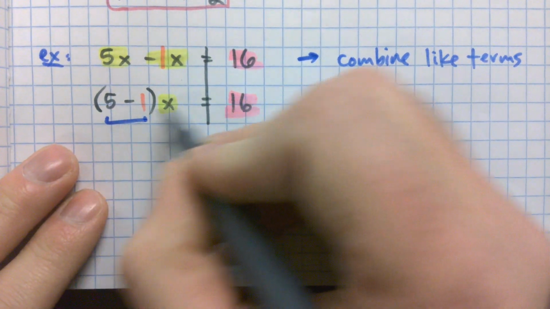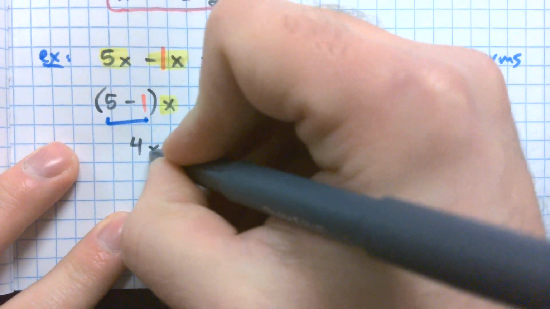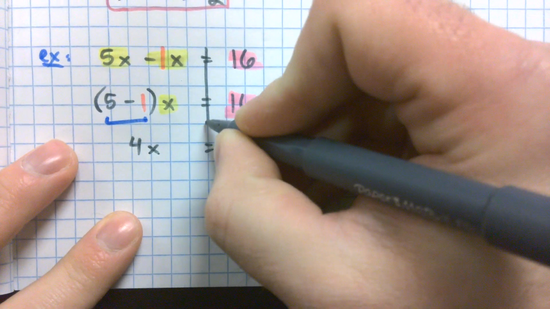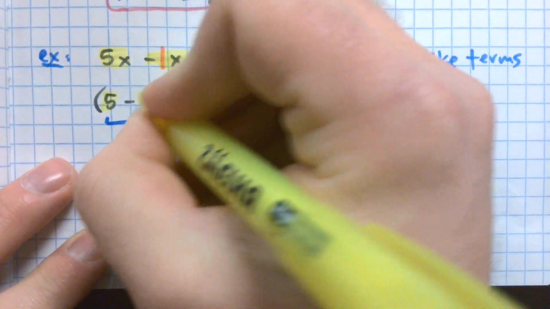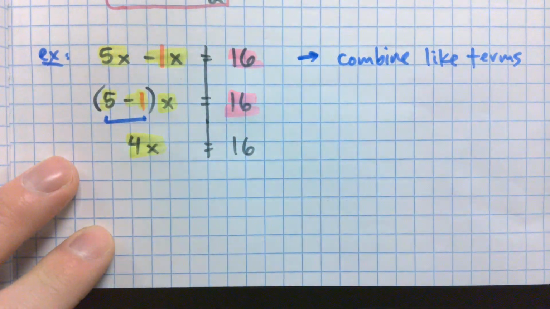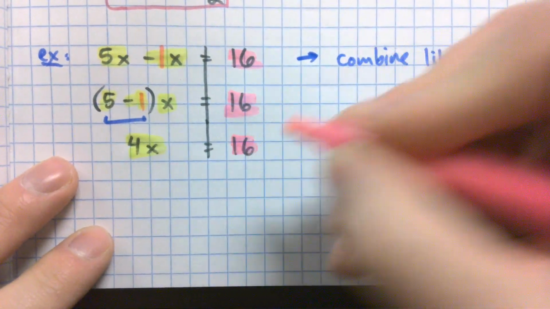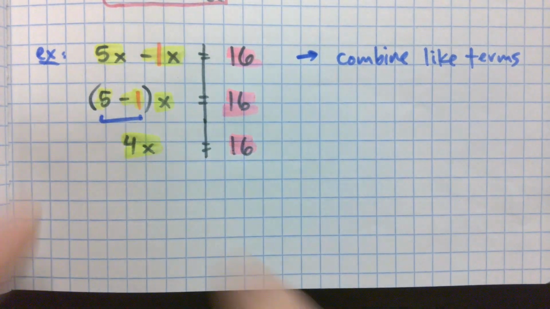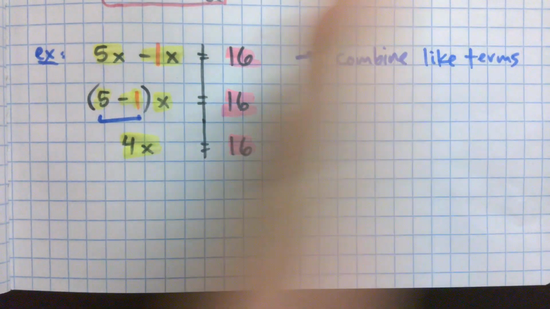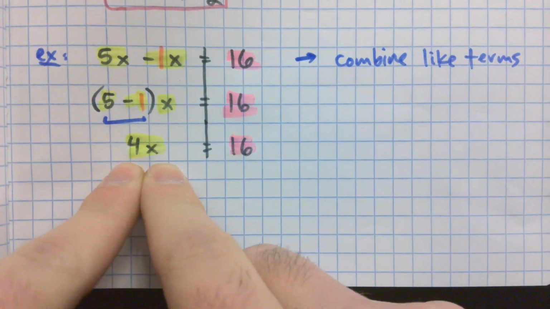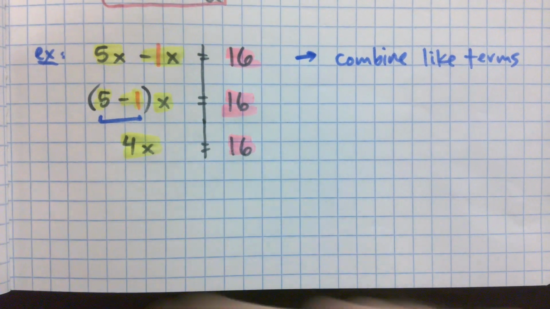So 5 minus 1x just gives me 4x. So now I went from 2 separate variable terms on the left. I combined them and got 1 single yellow variable term on that side.